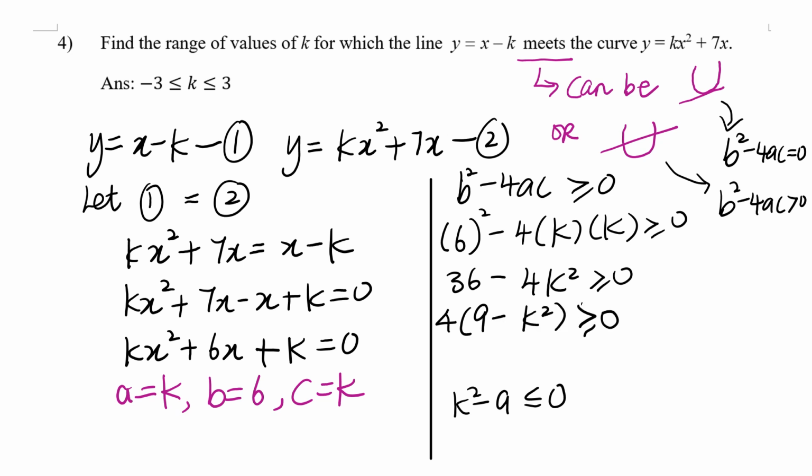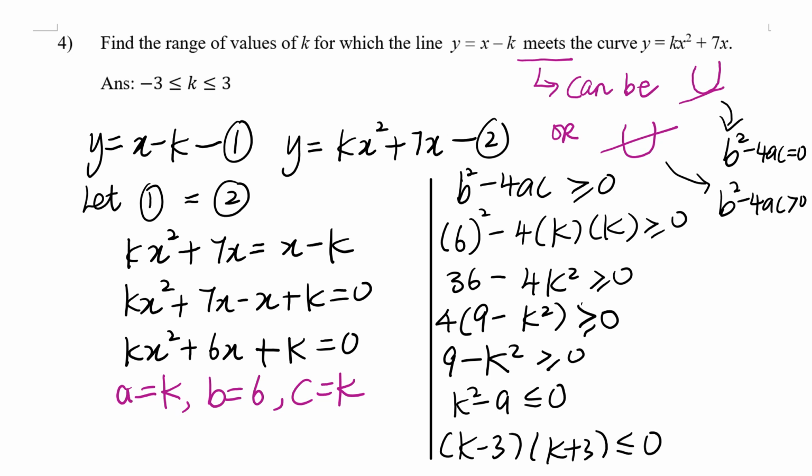Again, I would like to convert it into a U-shaped curve, so I multiply both sides by a negative number. You need to flip the inequality sign. Very important: when you multiply an inequality by a negative, you need to flip the inequality sign. Factorize it: a squared minus b squared is a plus b, a minus b. Draw your quadratic curve.